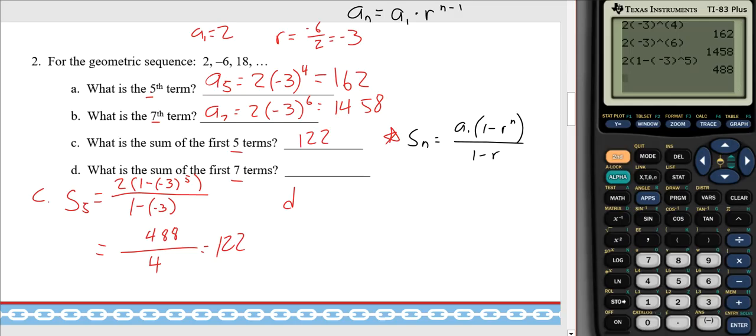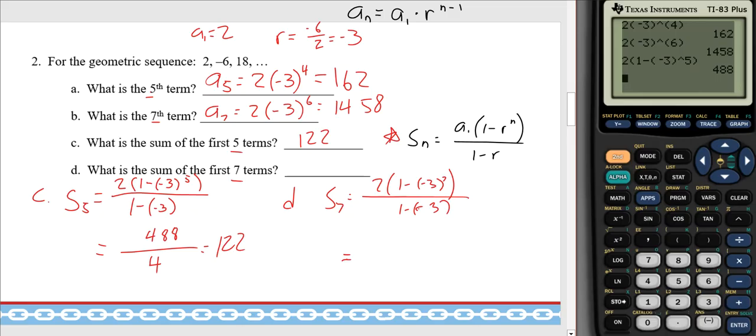For part D, we're going to do the same work, except we're changing our n value to 7. Other than that, the problem will remain the same. Right, A1, 1 minus a negative 3 to the 7 power, all over 1 minus r.